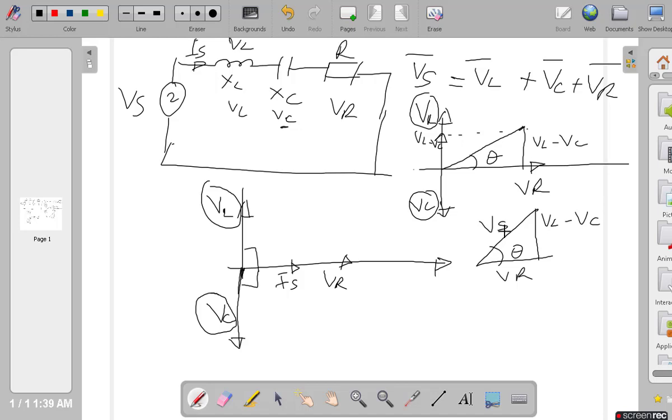So how do we now find the total voltage? What is the supply voltage equal to? Now, our supply voltage in this case shall be equal to Vs. You know, this is Pythagoras theorem.